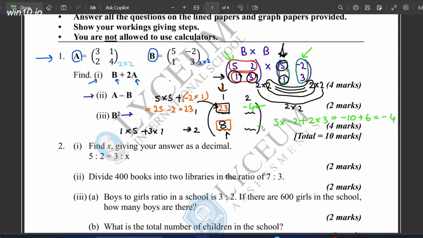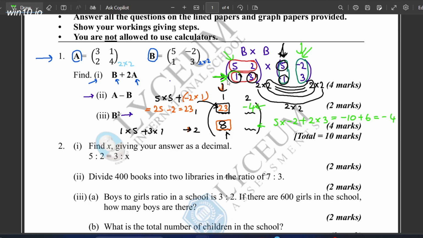Then we know this element is in the second row and second column. So always we take the columns from the second matrix, rows from the first matrix. So second column, second row, no? Then second row from the first matrix, second column from the second matrix.